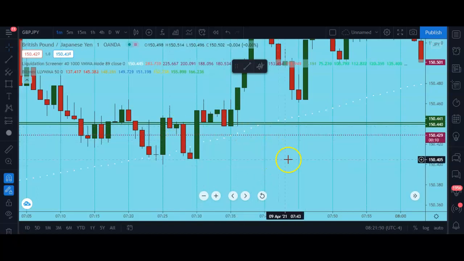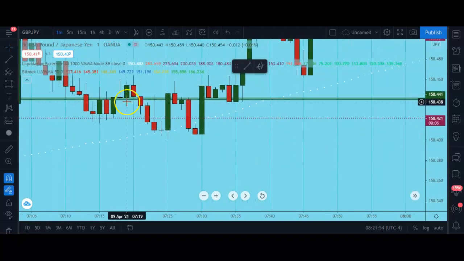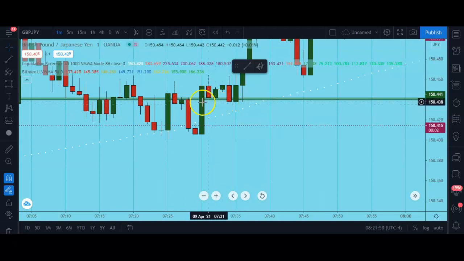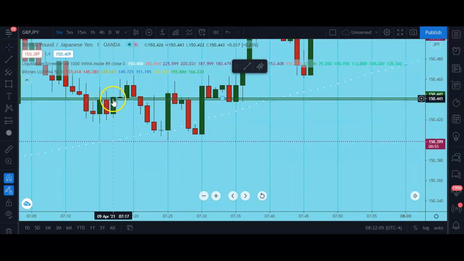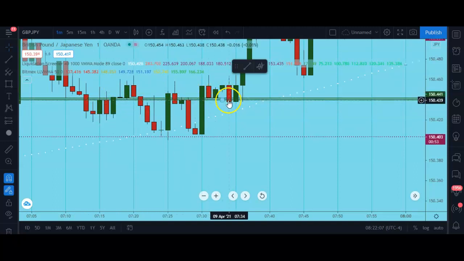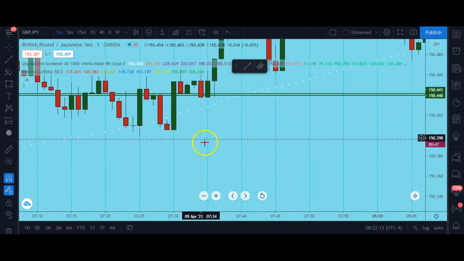Resistance, price is going down. Okay, it's going to close below here because it closed at resistance. This is resistance right here. It closed below support. But this is support, closed above support right here. But anyway, price is all the way down here right now. This is the price line.